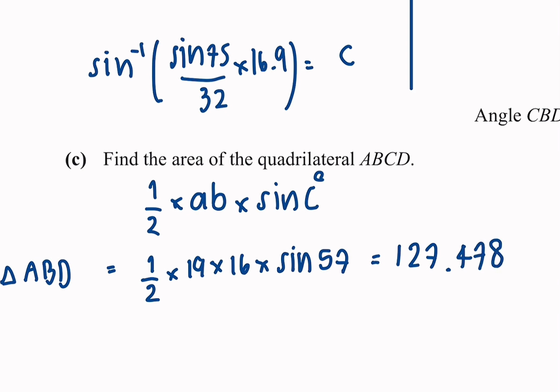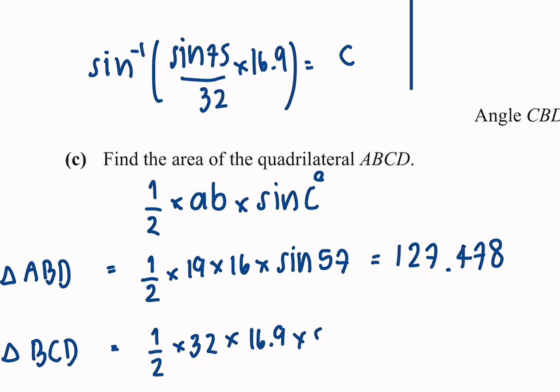And next, the area of triangle BCD is equal to 1/2 multiplied by 32 multiplied by 16.9 and multiplied by sine 74.33, and then add these two areas together.